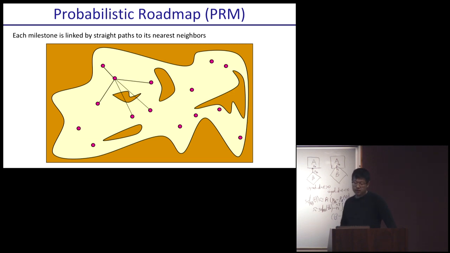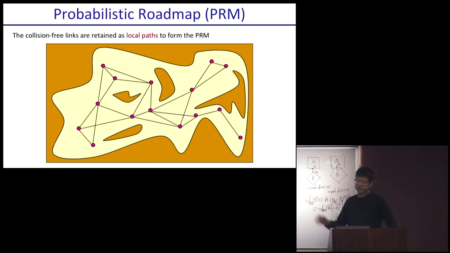Each milestone is linked by a straight path to its nearest neighbors. You can choose the hyperparameter k, like 5 or 10. You find the 10 nearest neighbors and connect them with some path. And then we remove the paths where there is a collision in the middle.